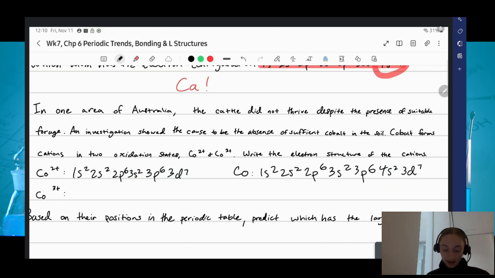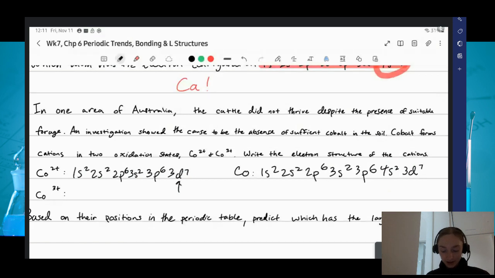And so moving on to cobalt 3+, it will remove 1 more electron than the previous cation. We need to remove it also from the nearest lowest energy state. Working from the configuration that we just wrote, it'll take it from the D7, the D category, because the D category has a lower energy than the P category.